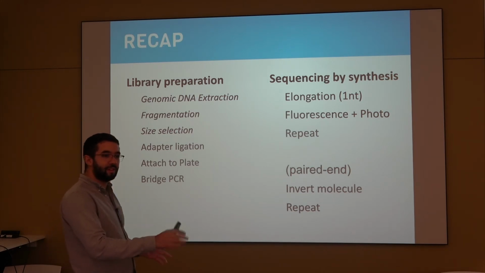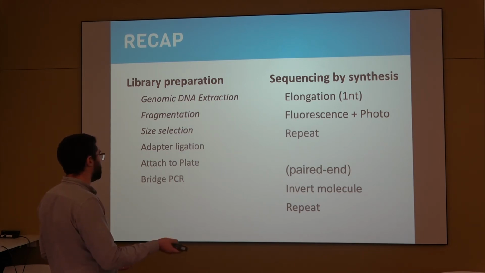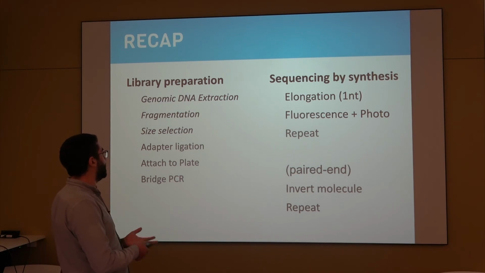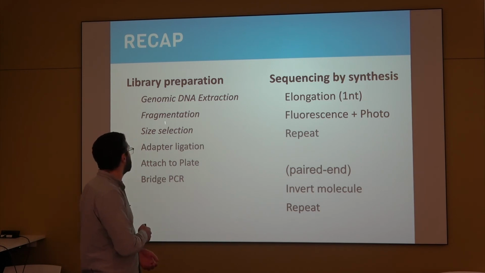They just put it in the flow cell, and that gets sequenced. But if you have more money and less time, then you can send your DNA to a company, and they will take care of these 3 steps.